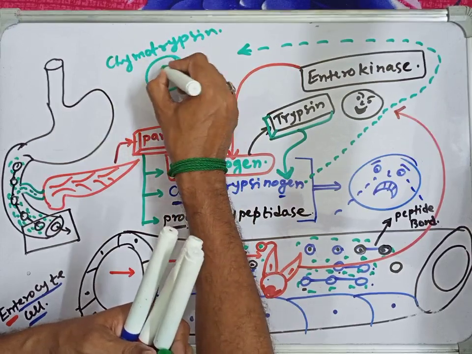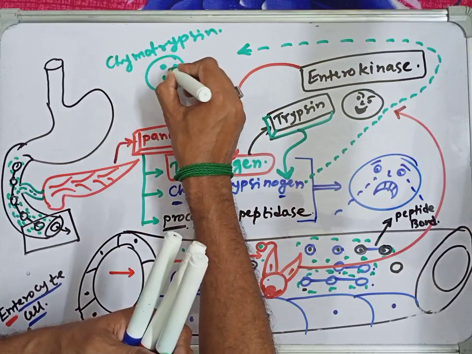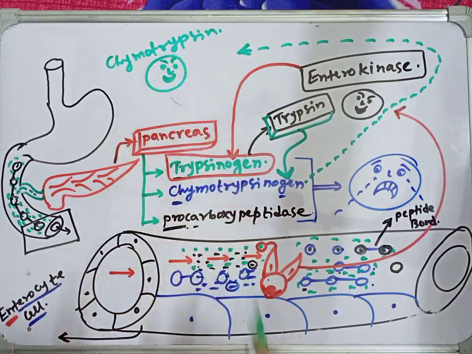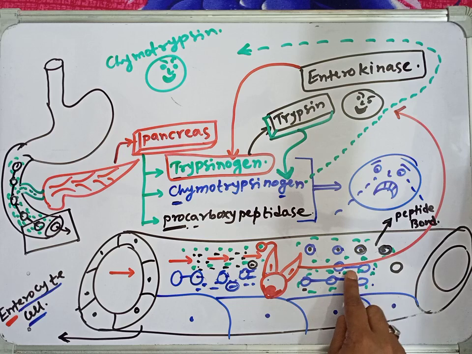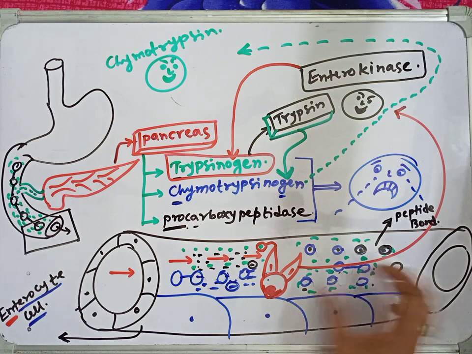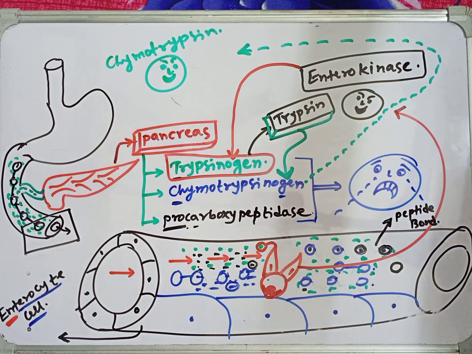Now chymotrypsin is again an activated enzyme, and it is ready to digest protein, and it further digests the peptide bond between the amino acids, and again frees more amino acids.